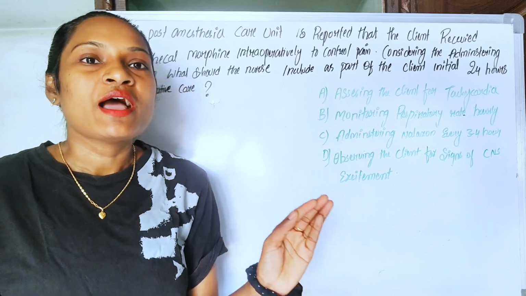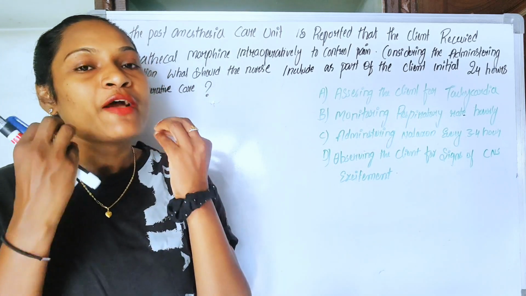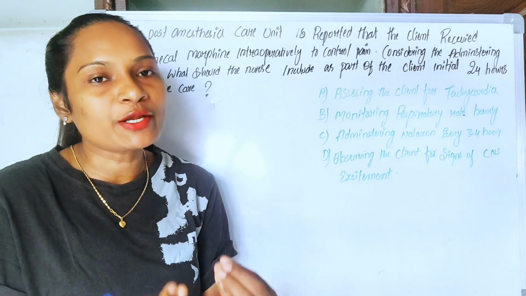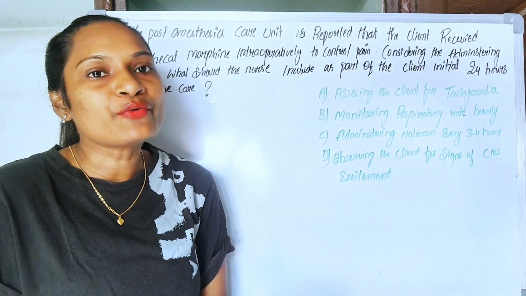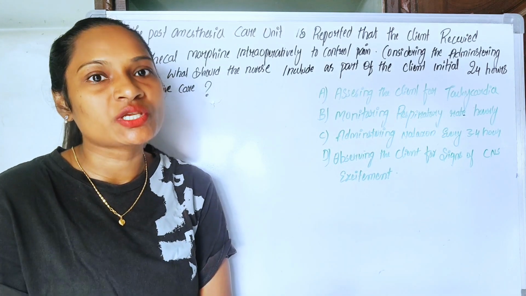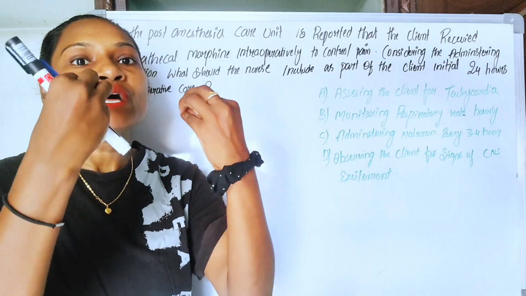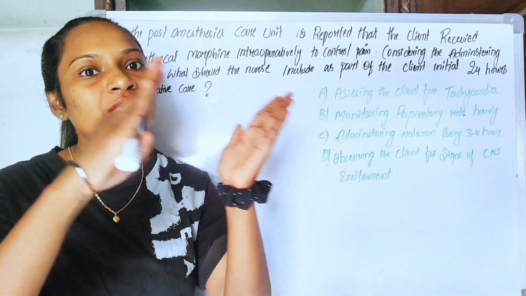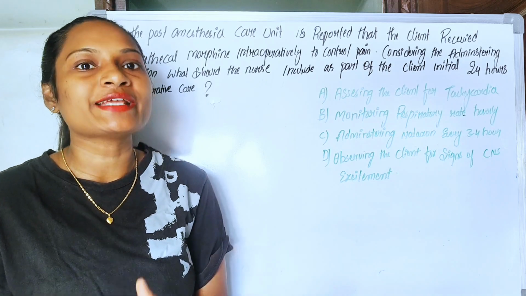So here actually one patient is there. That patient underwent surgery. In between the operation, they have given a morphine injection intrathecally to reduce pain. So in that situation, the patient is in post-operative management.